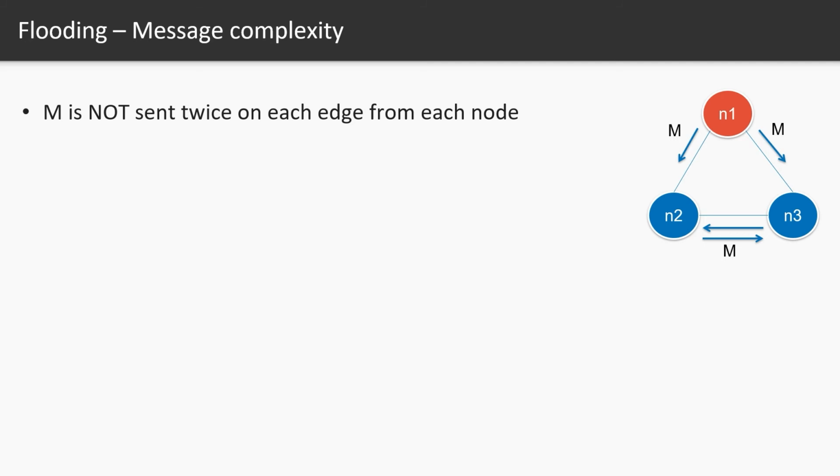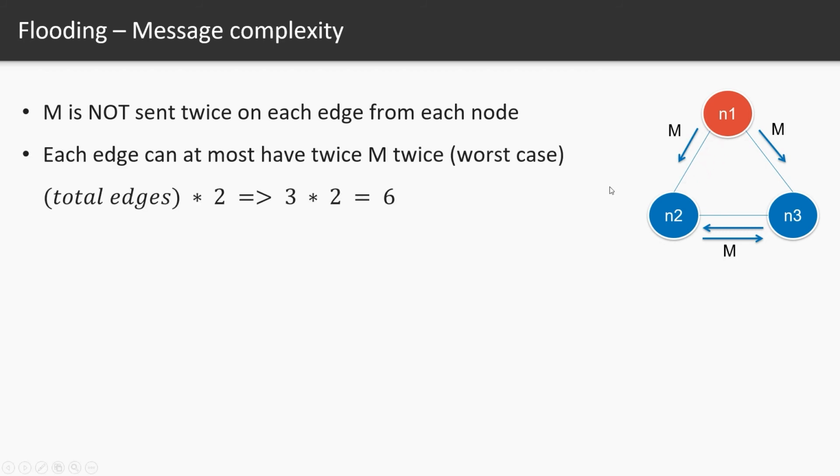So if node N1 has sent message M to node 2 on this edge, then it's not going to send the same message M on the same edge again. Since there are two nodes attached to a single edge, message M can be sent at most twice on every edge, which is the worst case scenario as we discussed earlier.